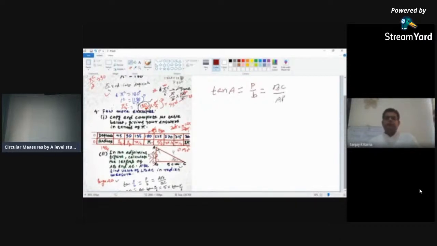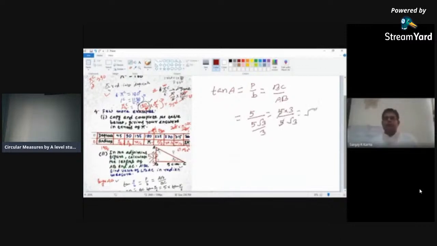Alright. So now BC length, you can see here, is 5 centimeter. AB length is given as 5 root 3 by 3. So it is 5 times 3 over 5 root 3, and these two are cancelled now.